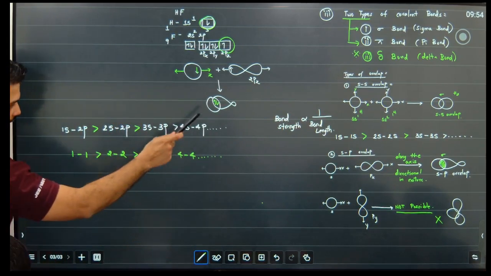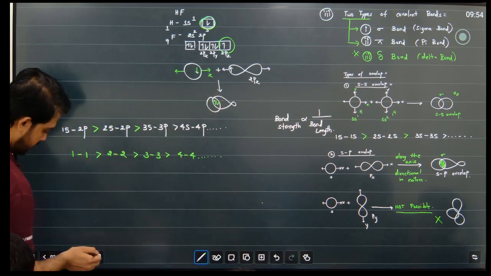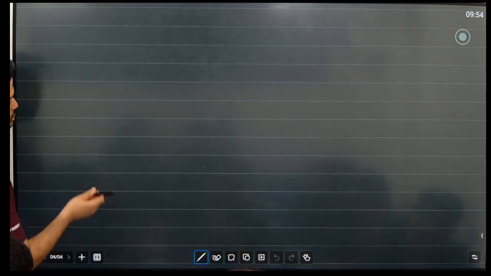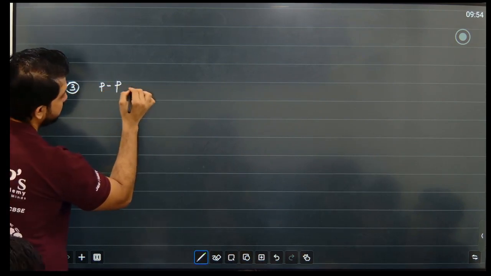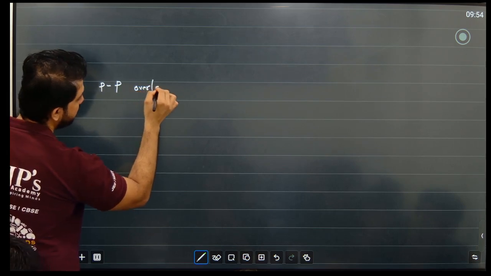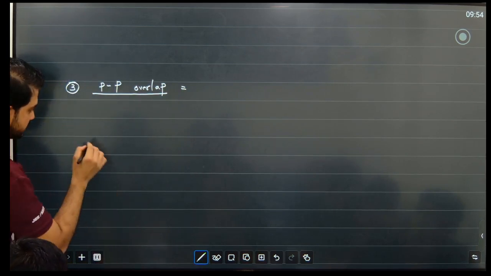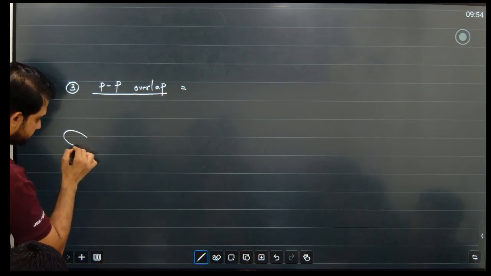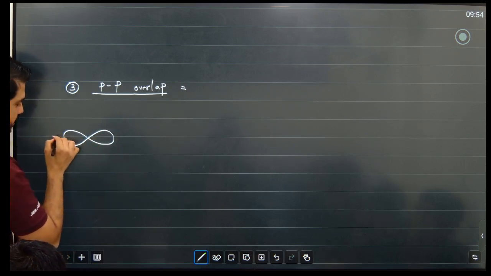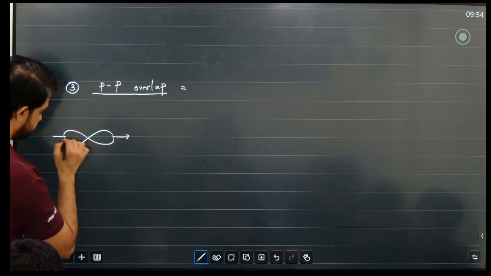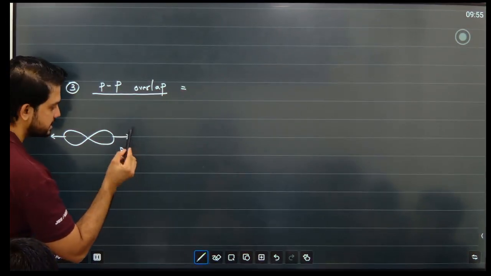So SS, SP, the next type of overlap, this will also give you sigma bond. The next type of overlap that we have is called as PP overlap. Again, PP overlap is also directional in nature. So हमारे पास है, let's say इसको we take it as px, so it's along the x axis.